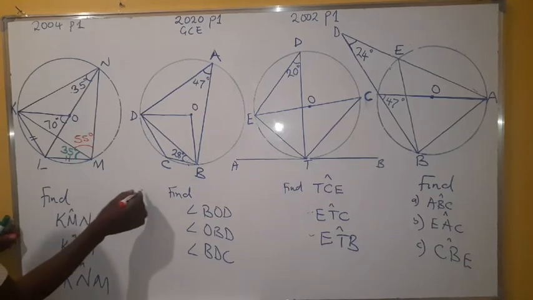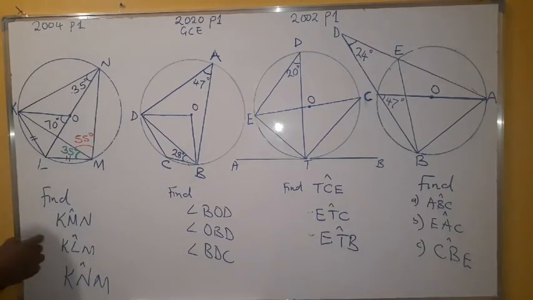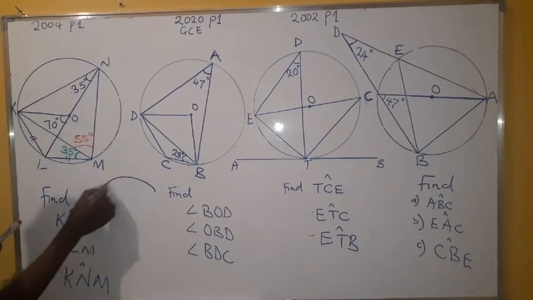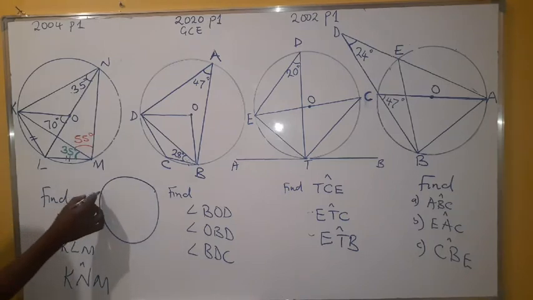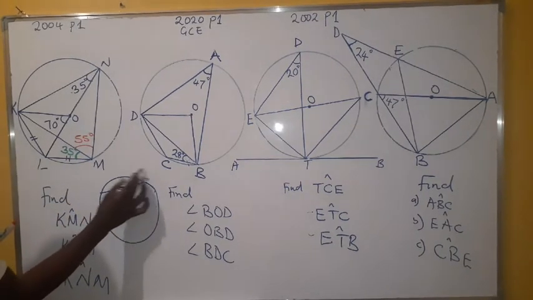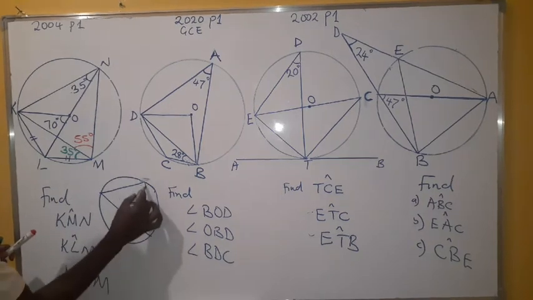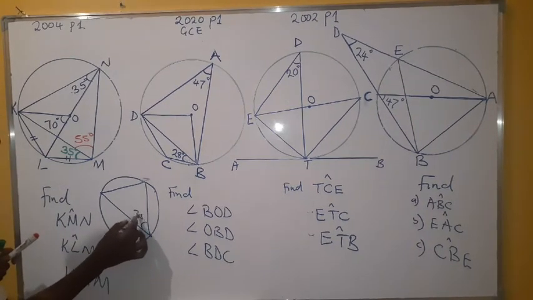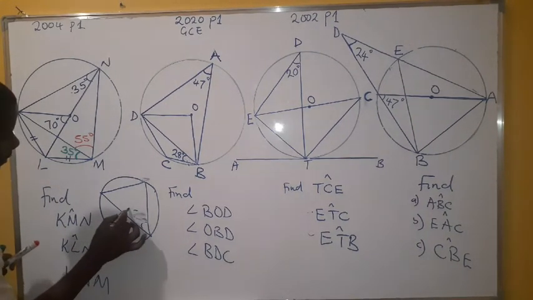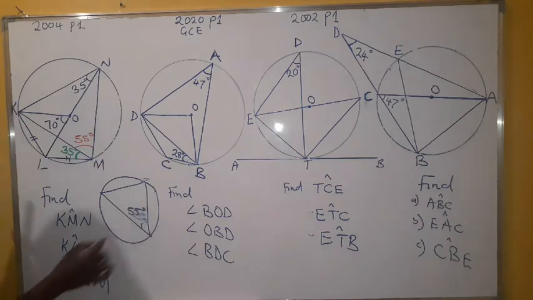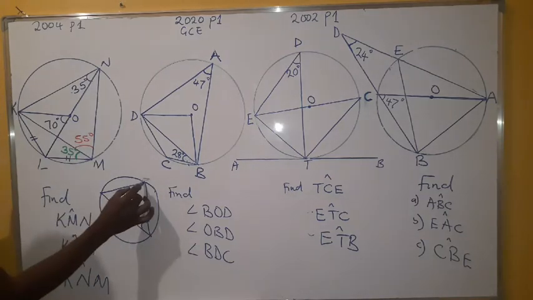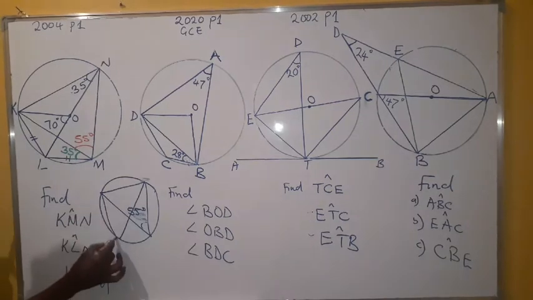So, also let's look at this circle. We look at this circle, and I want to say I've got 55 here, which is this 55 which I got. Okay? Then, again, I have got this other angle here.